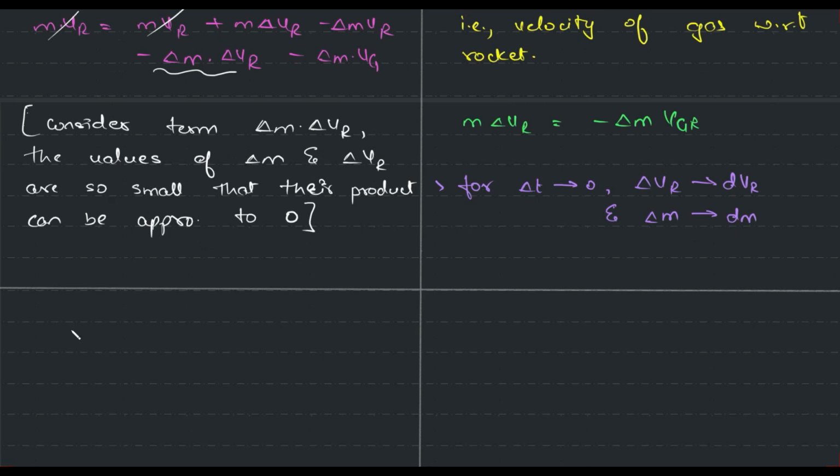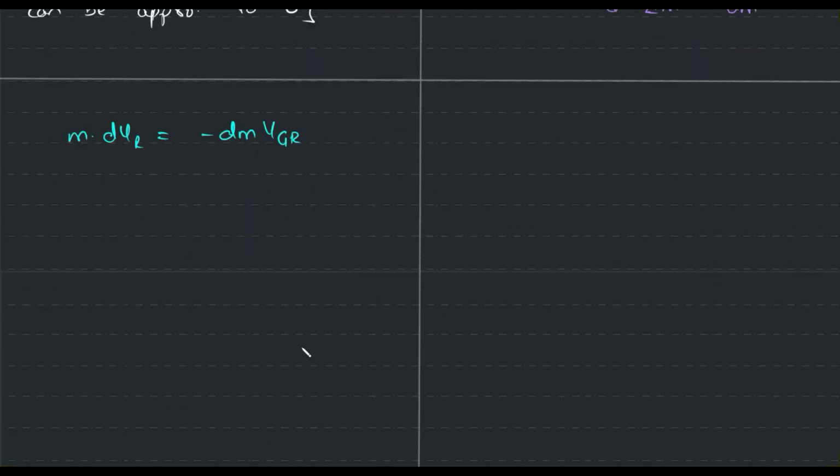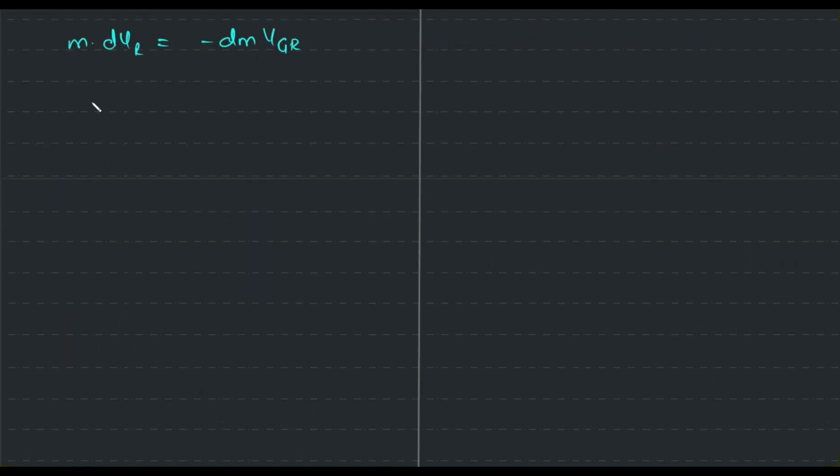Now a bit of rearrangement. So we have m dVr is equal to minus dm Vgr, and rearranging, dVr by Vgr is equal to minus dm by m.